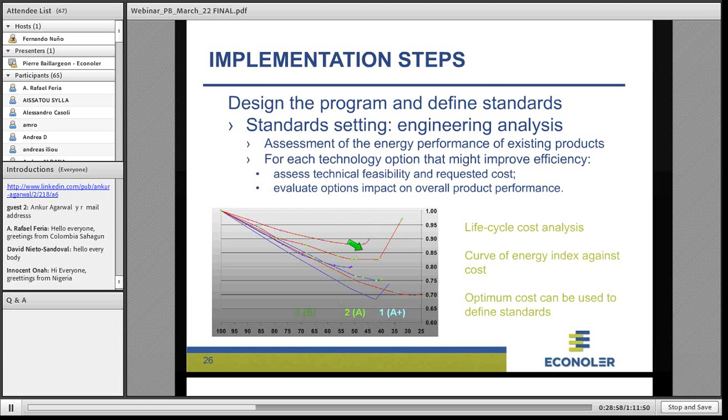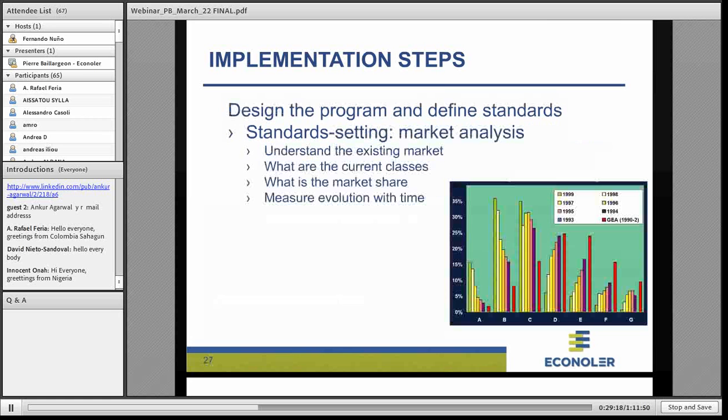It's both capital cost, purchasing the product, and operating cost, the energy cost. At some point you will see a minimum point on the curve. That's very interesting to analyze, because it gives you a clue of where you can implement your minimum performance standard, or what is optimum for a market.